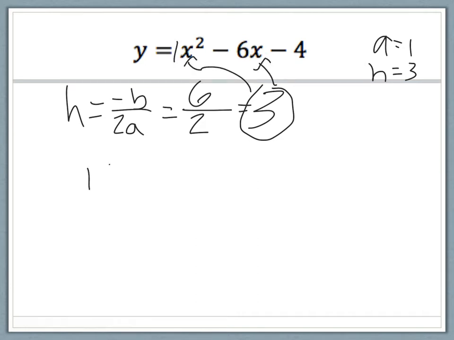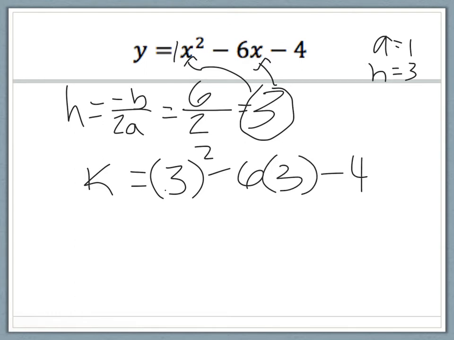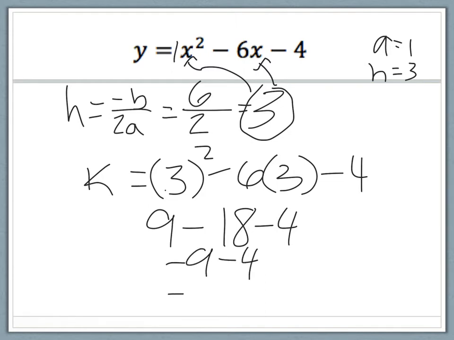So k equals 3 squared minus 6 times 3 minus 4. 3 squared is 9, minus 18, minus 4. 9 minus 18 is negative 9, minus 4, which would be negative 13. Sorry, not negative 15, negative 13.